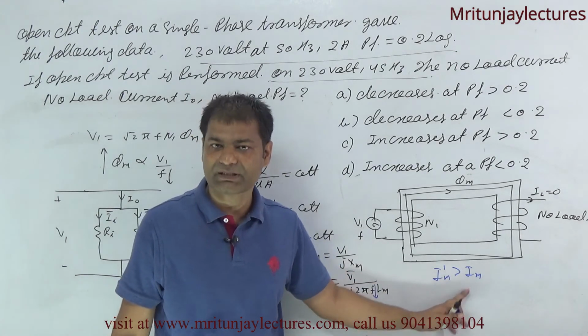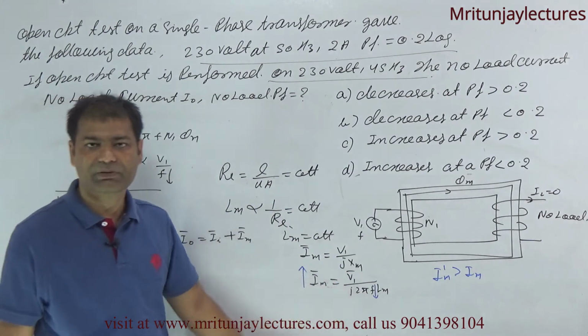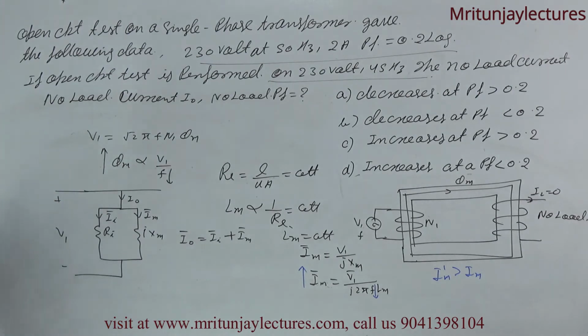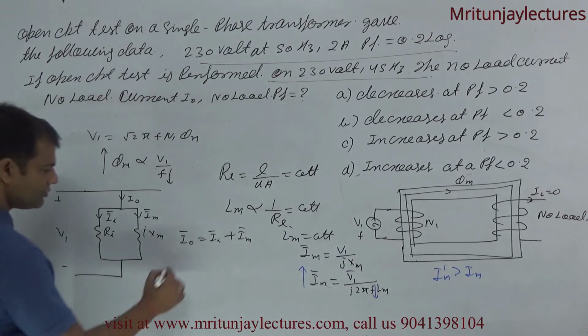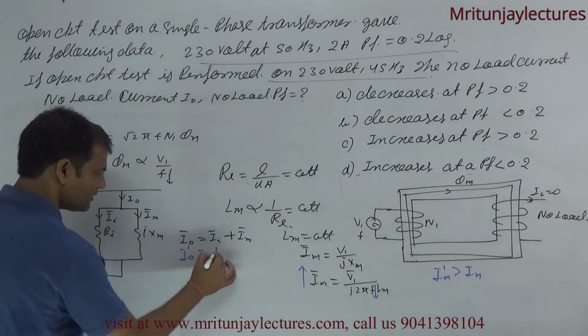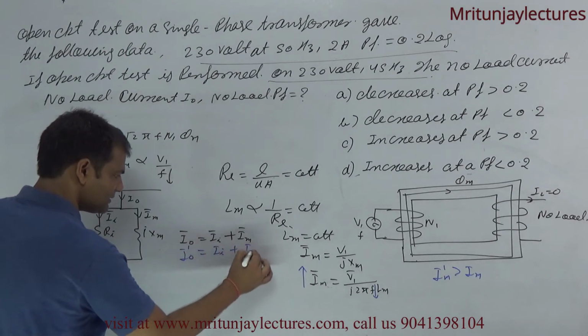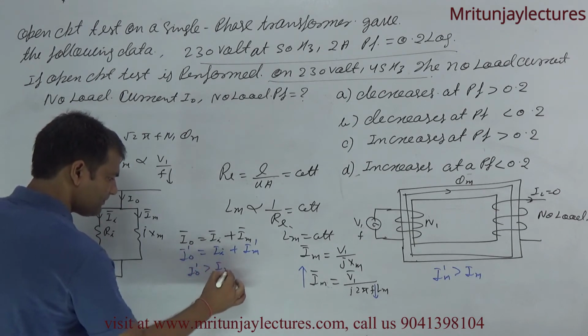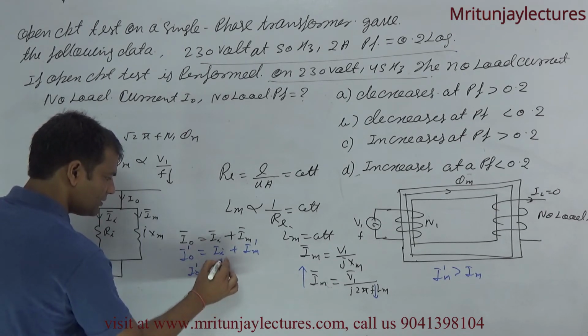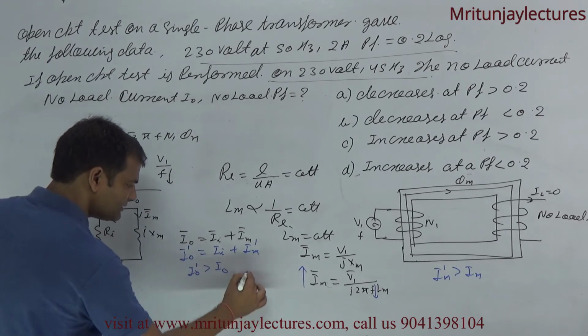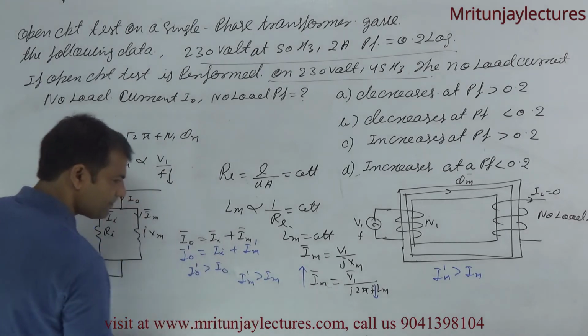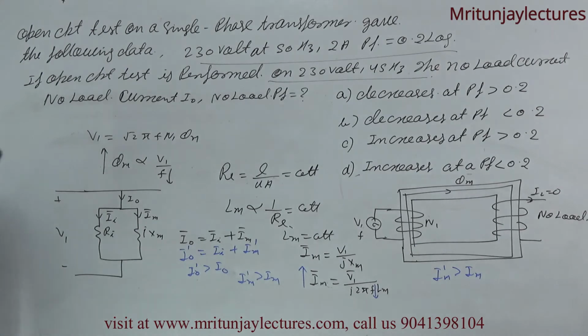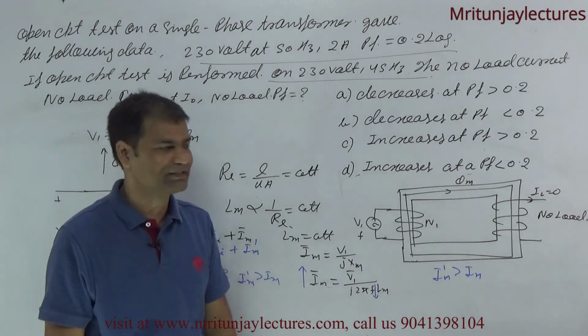Because the frequency decreases. So if the frequency decreases, Im increases, so I0 dash also increases. Why? Because Im dash increases. Why does Im increase? Because the frequency decreases.